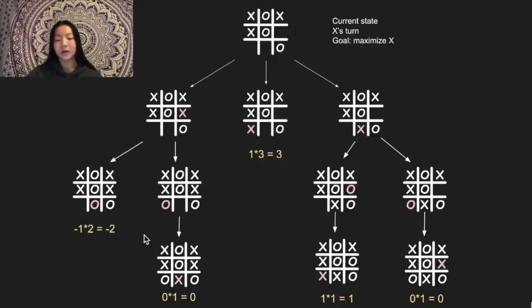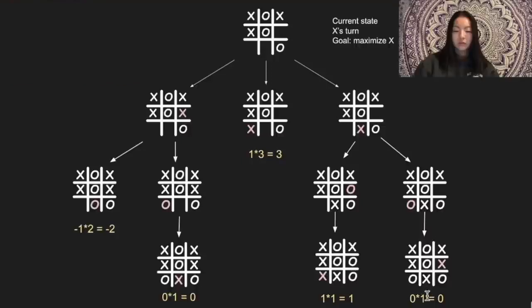In the second one, nobody wins and it's a draw, so the value is just 0. Now on the right, the first one, we win again. But in this case, we don't have any empty squares. So we're just going to multiply 1 by 1. And then on the far right, it's a draw again, so we have a value of 0.